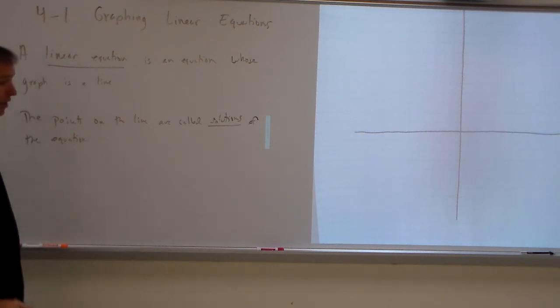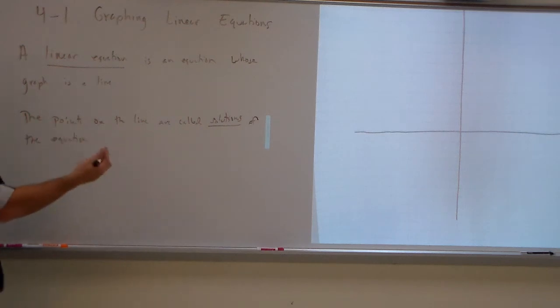You're going to have more than one solution. You're going to have an infinite amount of solutions. So the first way that we are going to graph linear equations is by making a table. We're making what's called an XY chart.